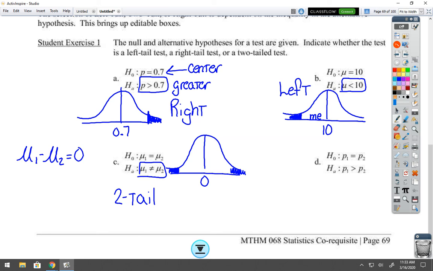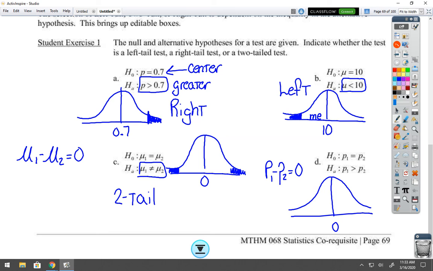Again, same deal on D. P1 minus P2 is going to be equal to 0. So when I draw my curve and I try to figure out my tailing going on here, again, my center is at 0. This one is not a not equal. This is a greater.